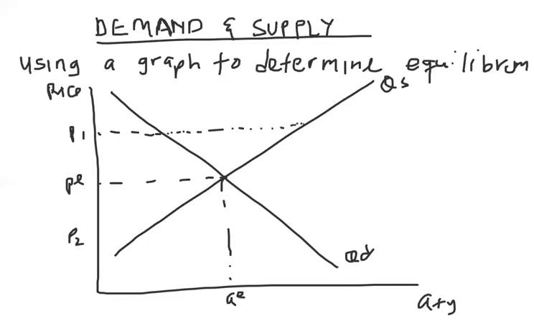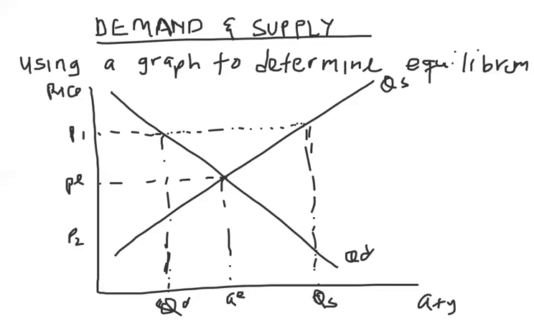When I trace from the equilibrium price up to this point, this becomes the quantity demand at that point, and this becomes the quantity supply at that point, right?